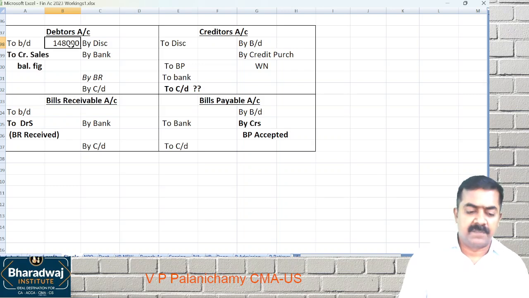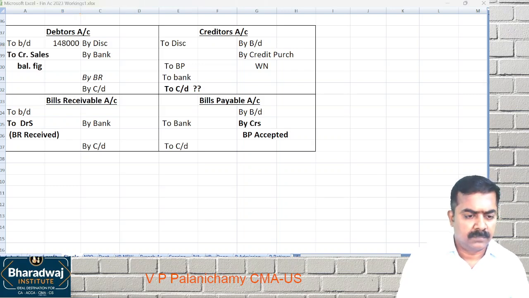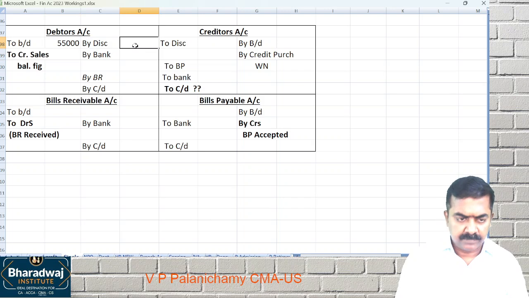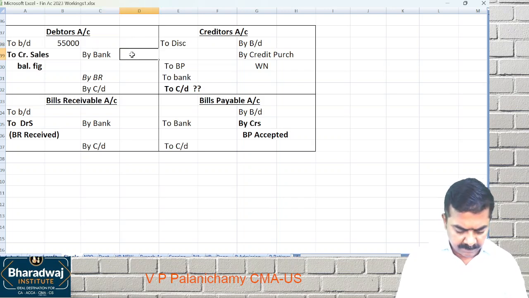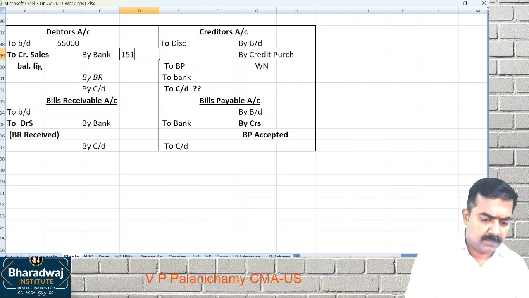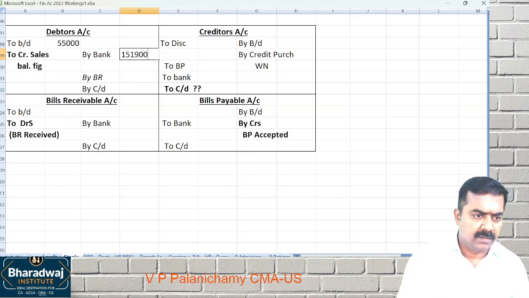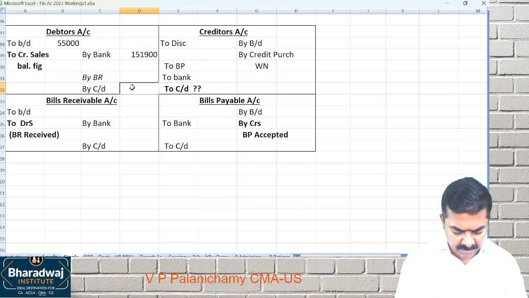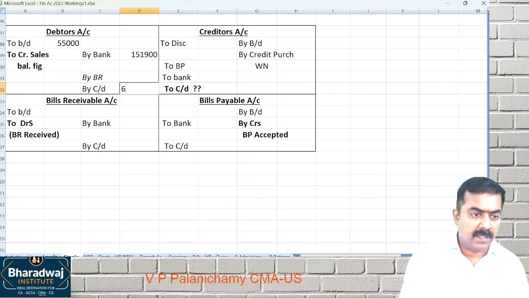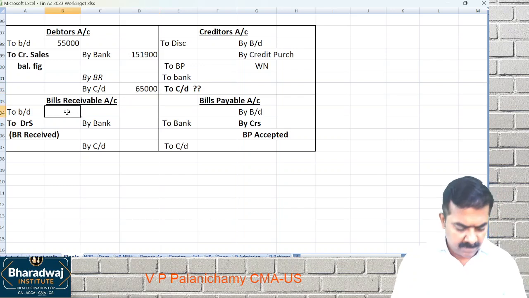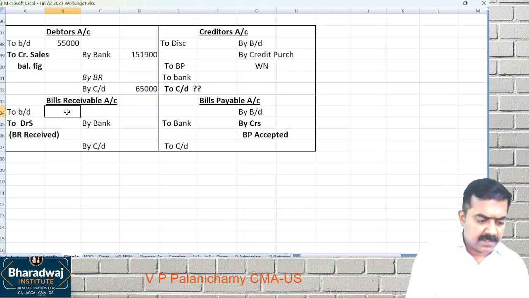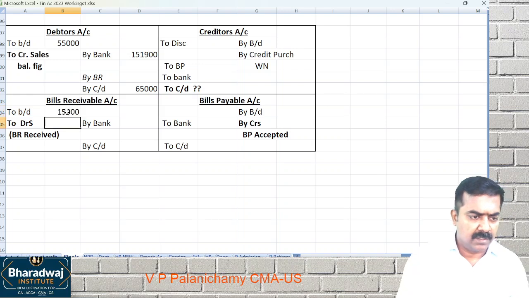What is the opening balance of debtors? 55,000 given in the question. Any discount allowed? No discount. What is the collection from debtors given? 151,900. Closing balance is given in the question. Closing balance 55,000 or 65? 65,000. Bills receivable opening balance 15,000.